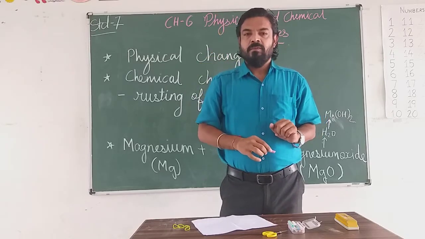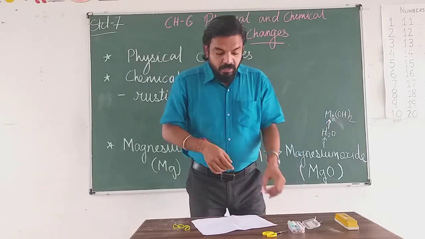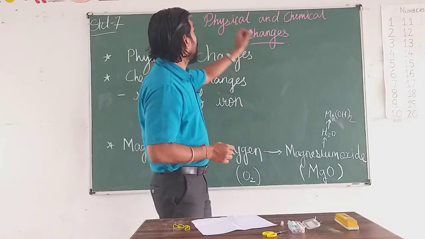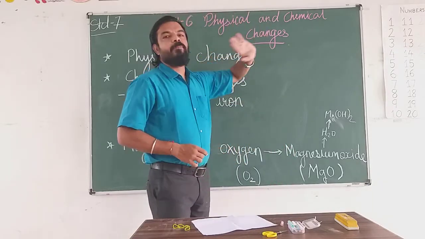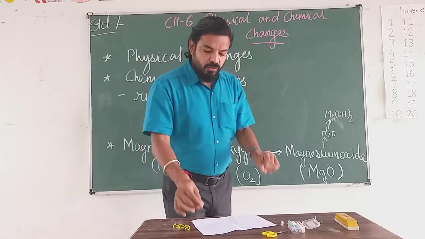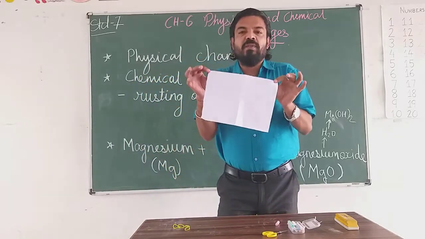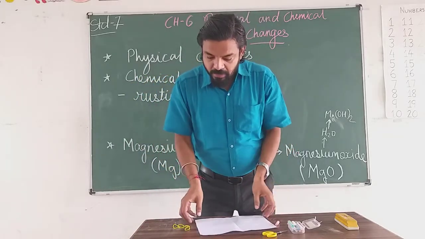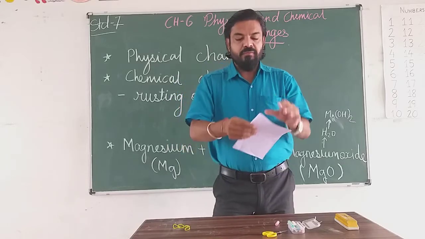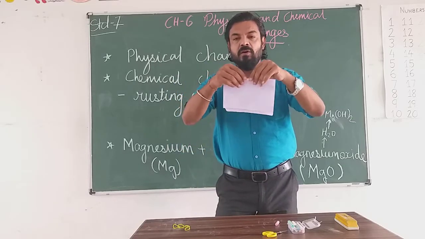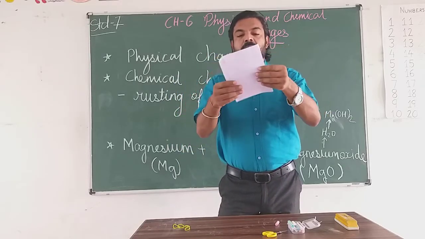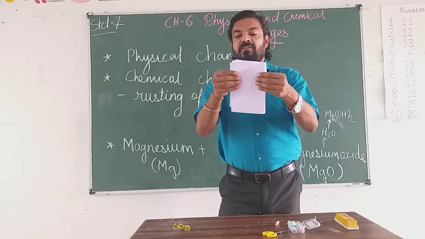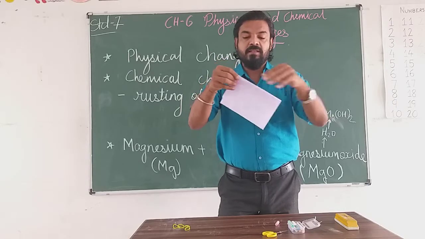Now dear students, here we want to understand about physical changes and chemical changes. So we understand the physics of all these objects. Now if you change this, suppose I make this into a square.